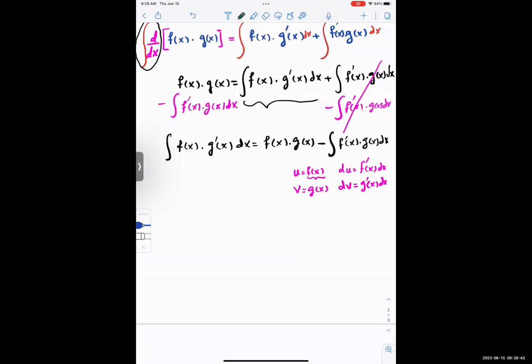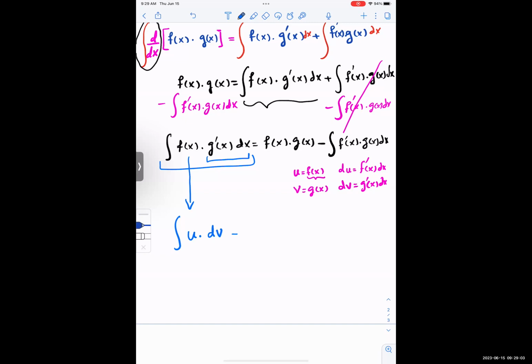So now let's substitute all of them. From here, I'm going to substitute the last step. The integral of u, instead of g prime dx, I'm going to put dv.